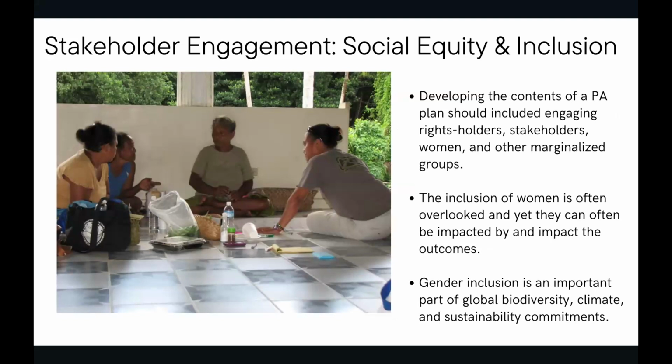I know certain sites have looked at how things are done and realized the inclusion of women has often been overlooked during protected area planning and management, but women are often impacted directly or indirectly by management decisions, and they can also influence compliance and support for management, and therefore whether sites are effective.